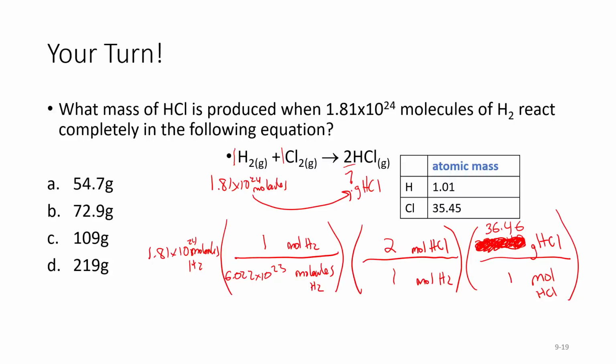And we're going to divide that answer by the bottom. Now remember, we can ignore the number 1s, so we're going to divide it by parentheses 6.022 times 10 to the 23rd, close the parentheses, and we're going to get our answer, 219 grams.